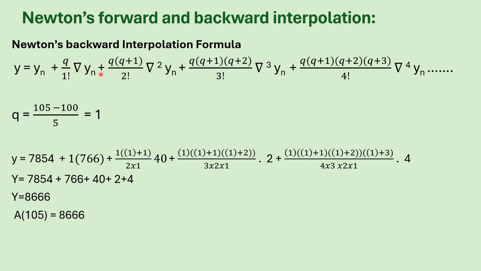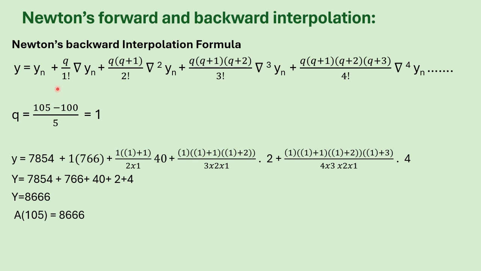So this is Newton's backward interpolation formula. Now here the q value is 104 minus 100 by 5, that is, the value to be interpolated minus the xn value, which is the last value, 100, divided by the interval difference, which is 5.